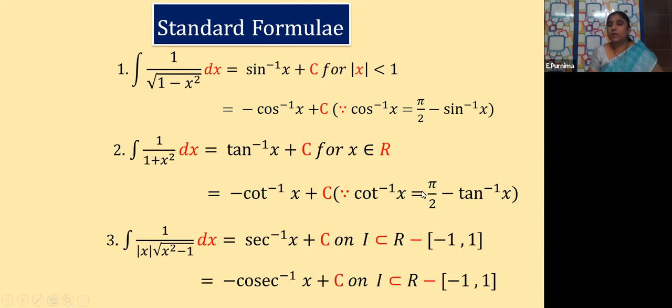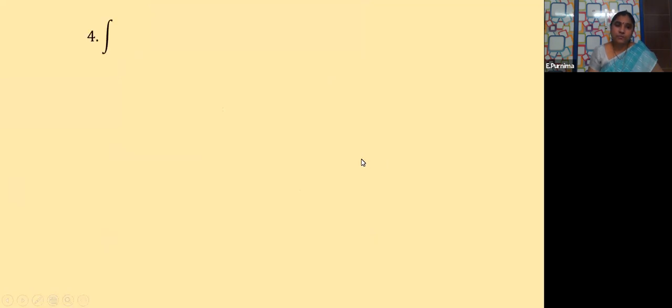Clear, children? Cosecant inverse of x is equal to 90 minus secant inverse of x, similar to this. Next one is the fourth formula. Integral of sin hx dx. These are the hyperbolic functions, children.